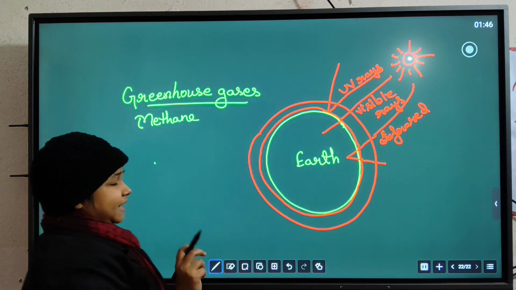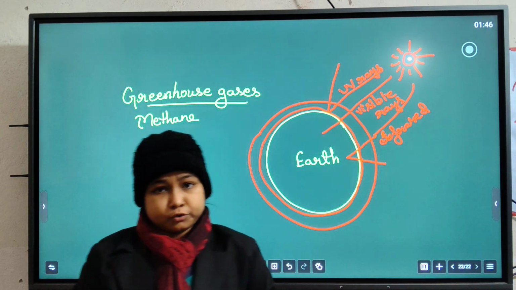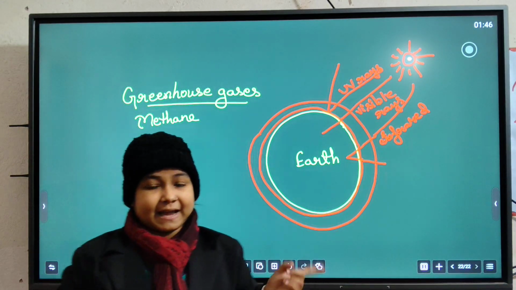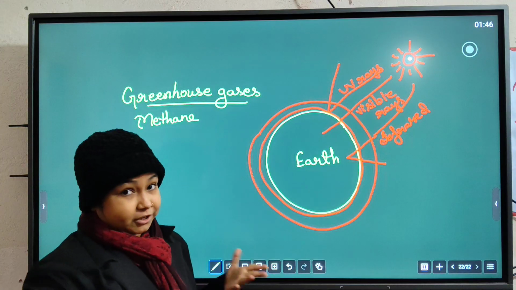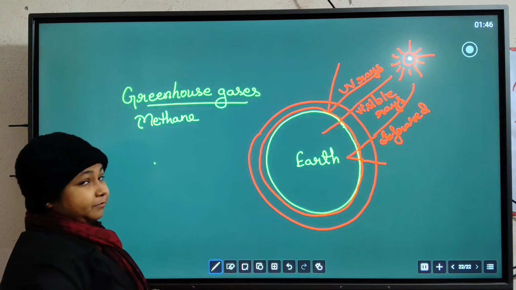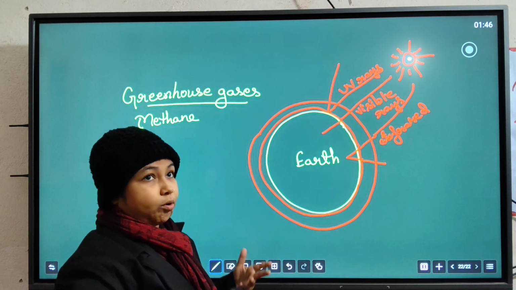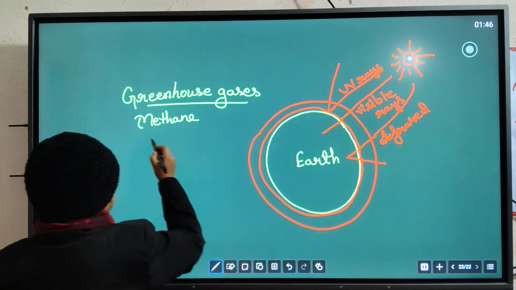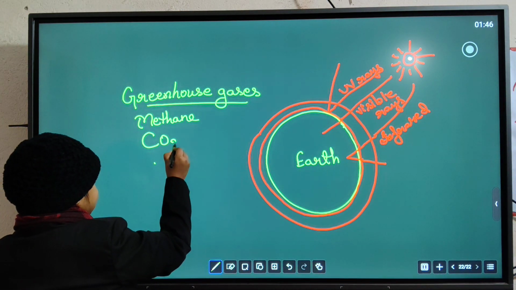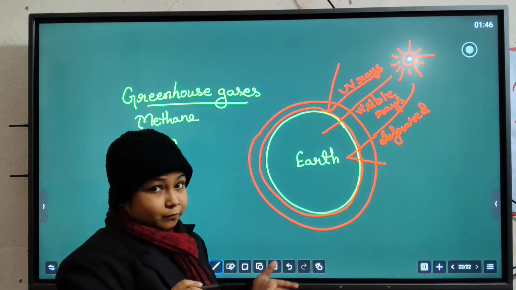These greenhouse gases come from two sources, one human-made and the other natural. Methane comes from fertilizers or cow dung, and carbon dioxide is released by humans while breathing.